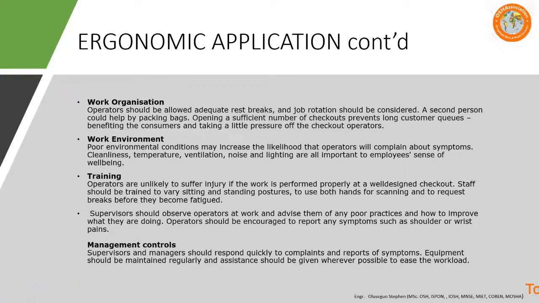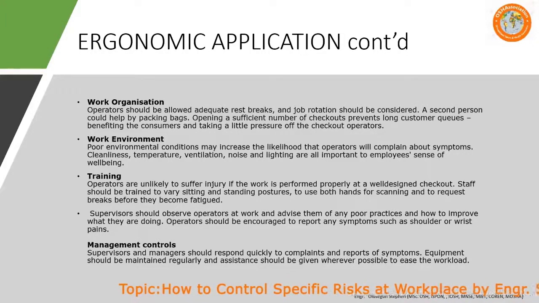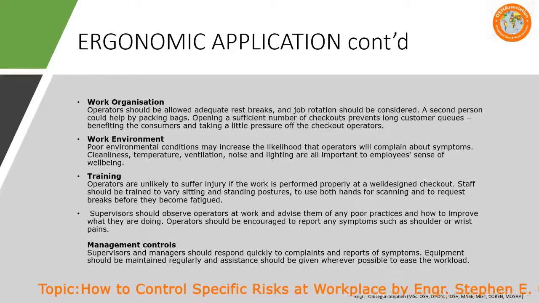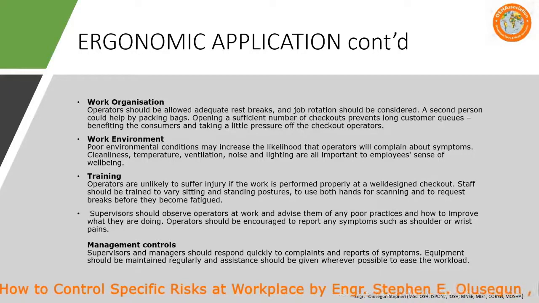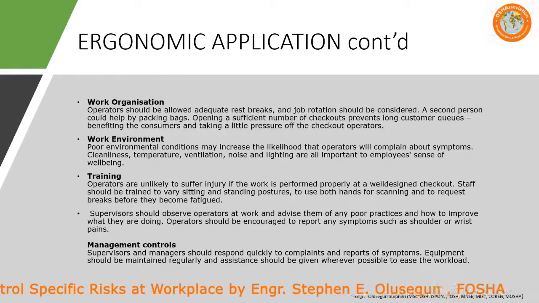Supervisors and managers should respond quickly to complaints and reports on safety. Equipment should be maintained regularly and assistance should be given whenever possible to ease the workload. That is the effort that the management can make.